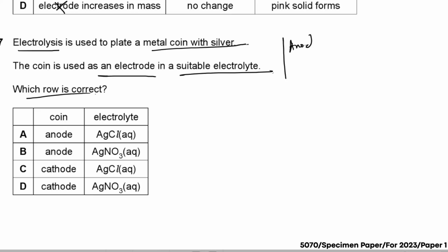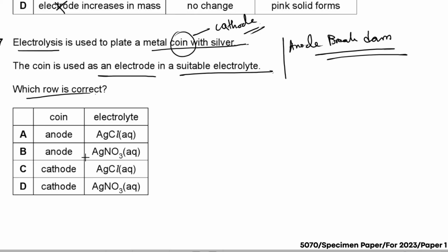So the silver has to be present in the anode, and this coin will definitely go at the cathode. So A and B can be eliminated, leaving C and D. The electrolyte must always be in aqueous or molten form. We know from salts that silver halides and lead halides are not soluble, so this is definitely not an aqueous compound. So the answer is going to be D. All nitrates are soluble.